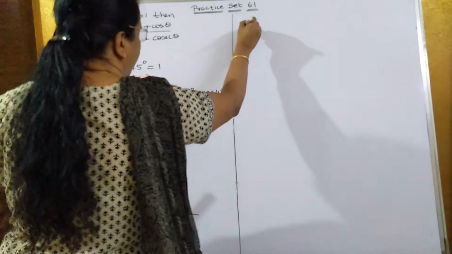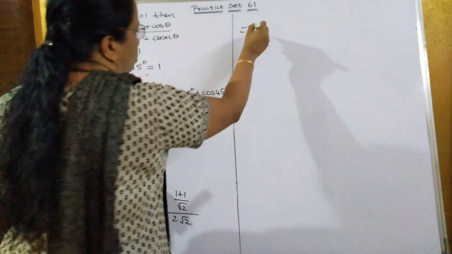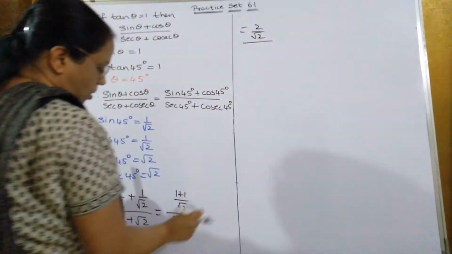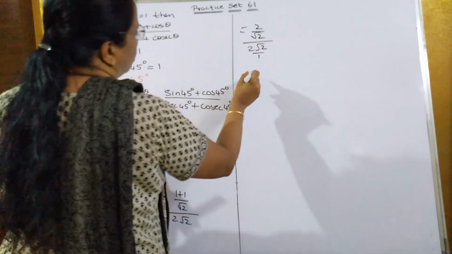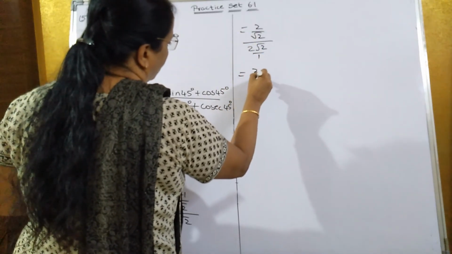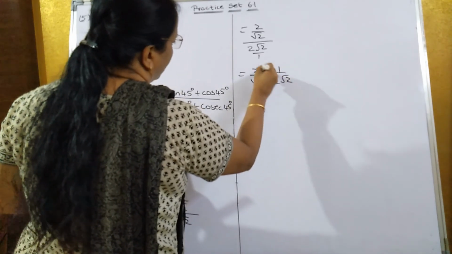So that is equal to how much? 1 plus 1 is 2, so we get 2 upon root 2, upon 2 root 2. Now this 2 root 2 is upon 1, so take it on the top. You'll get 2 upon root 2 into 1 upon 2 root 2. 2 and 2 will get cancelled.